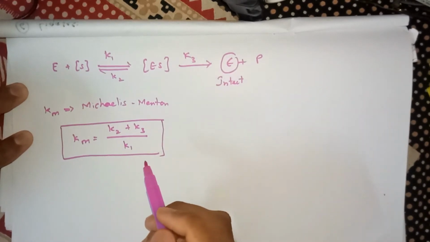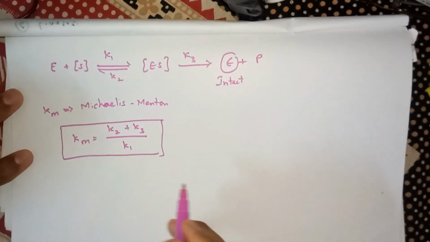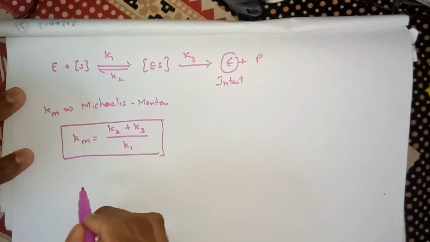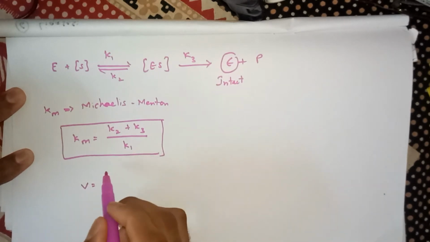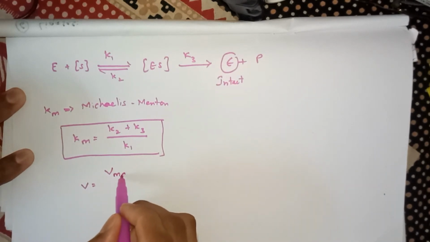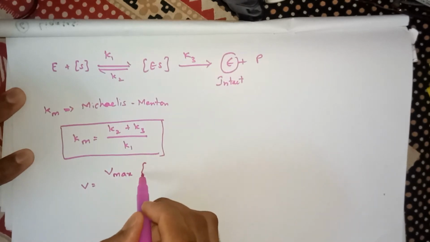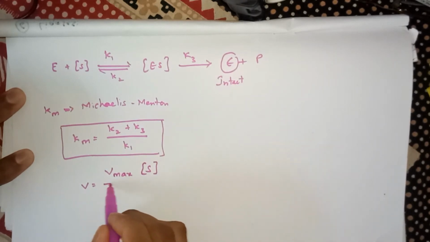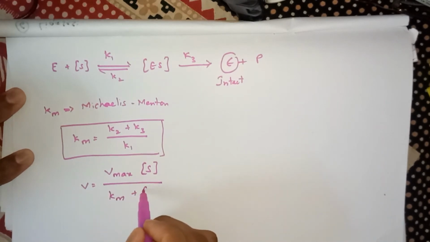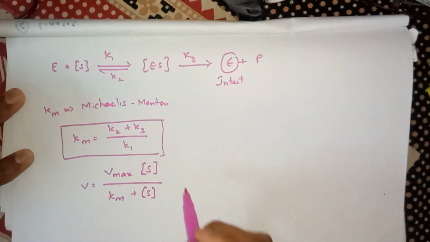On further simplification with the velocity of the reaction, it is written as V is equal to Vmax into S, that is substrate concentration, divided by Km plus substrate concentration.